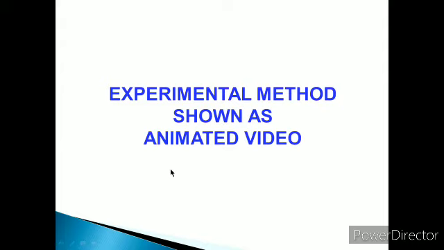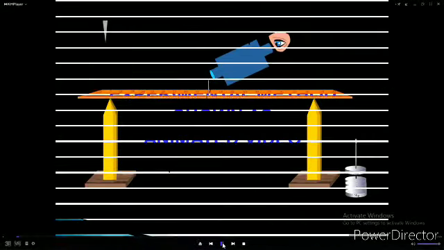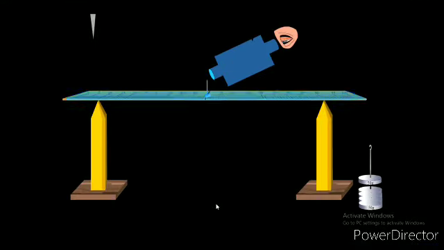Now we are going to see how to determine Young's modulus by the experimental method in the animated video below. The beam for which the Young's modulus has to be found is placed on the two knife edges as shown, at equal distances.